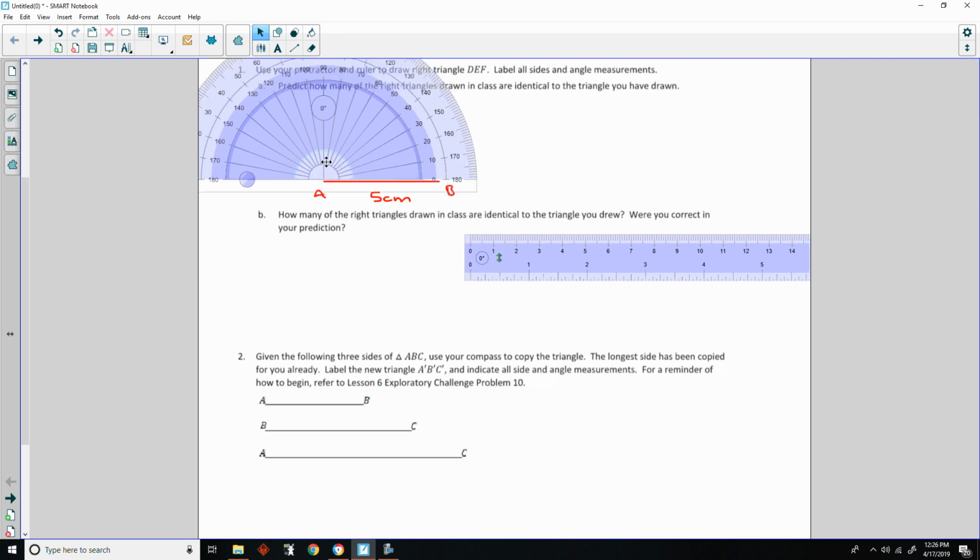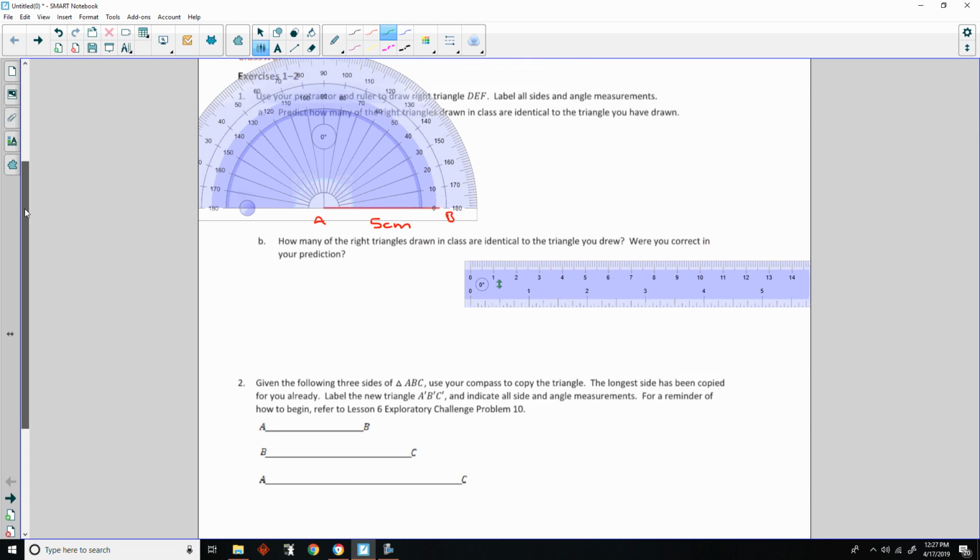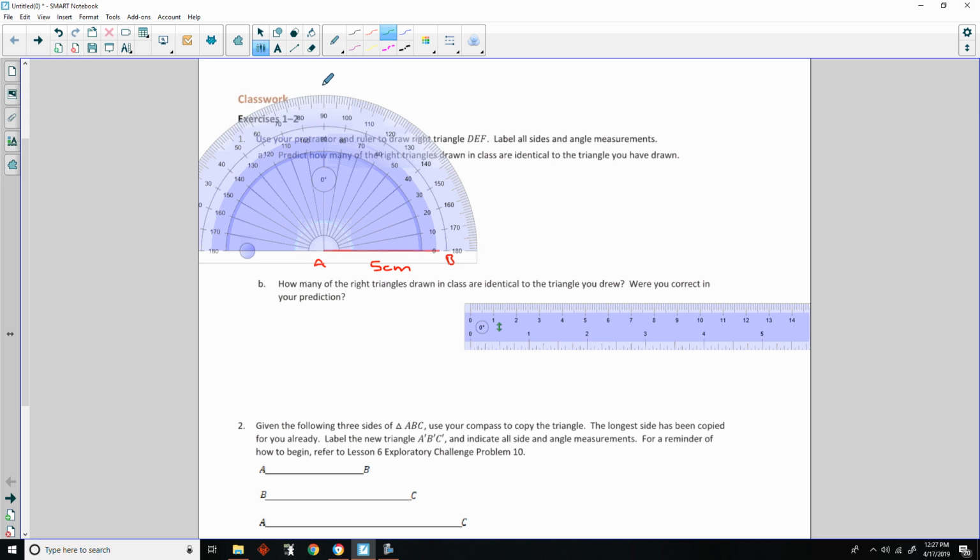You want your crosshairs right on the point A, and you want the line on your protractor from the crosshairs over to the 0 degree symbol, or over to the 180 if you chose the other side, right on this line. Now I just have to go up and mark on my paper where 90 is, which is right there.